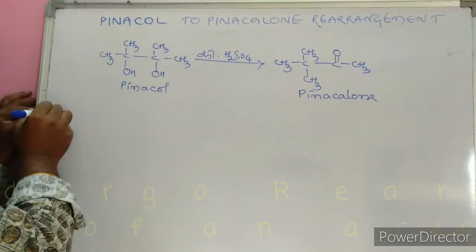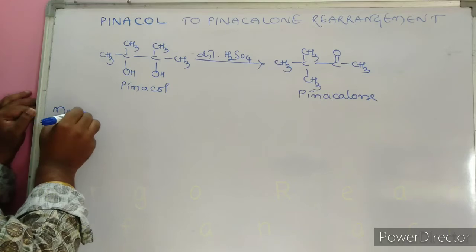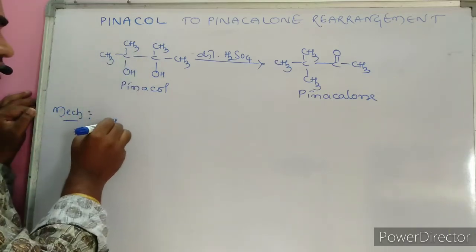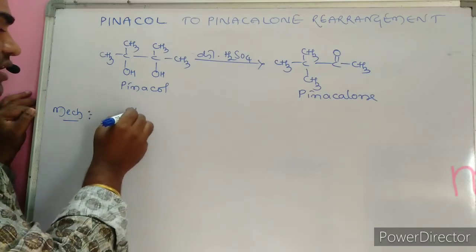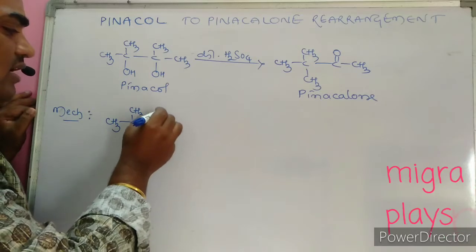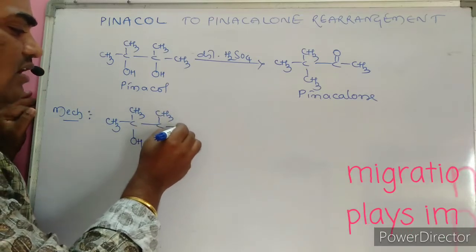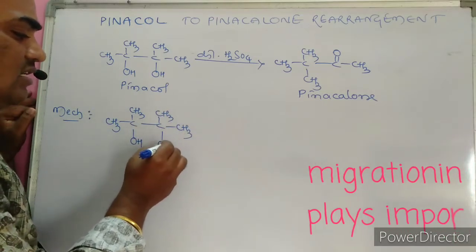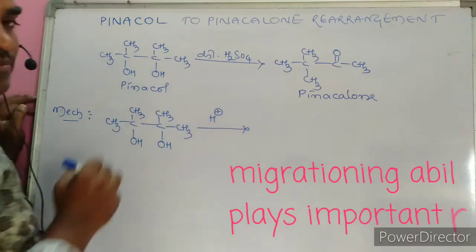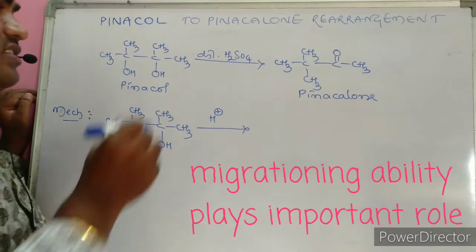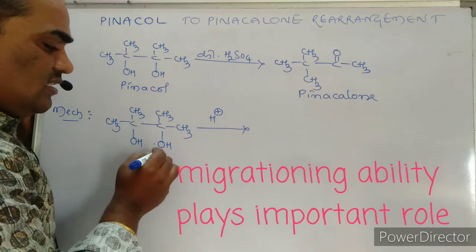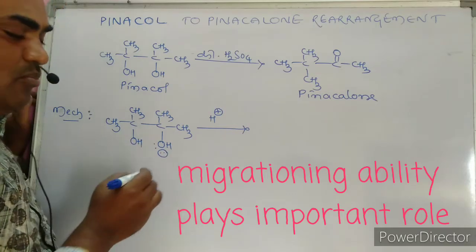What is the mechanism, the elementary steps involved in this reaction? First, here is the pinacol, a vicinal diol, taken. Here in all the cases the same type of alkyl groups are given. In such cases everyone can predict the product. But when different groups are given, the migrating ability plays an important role.